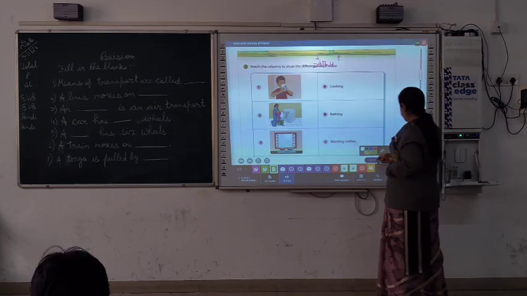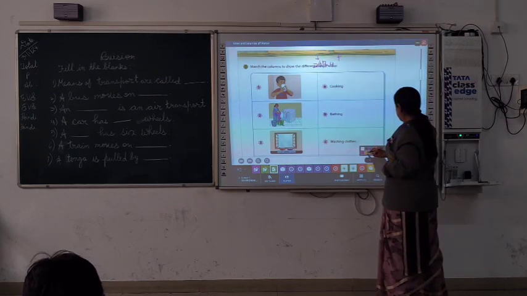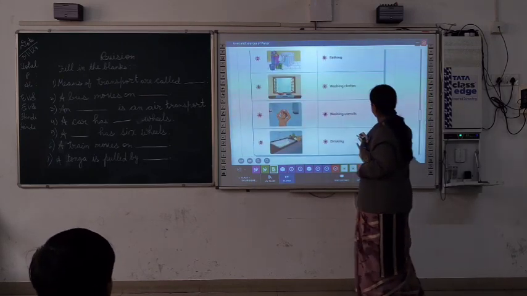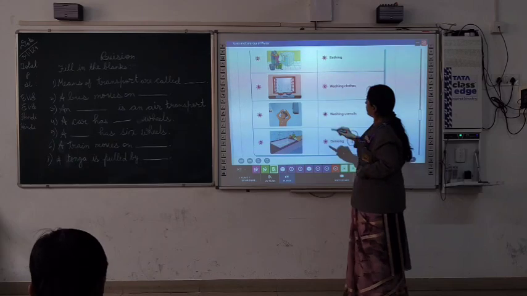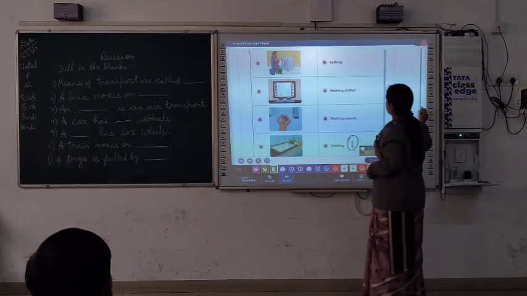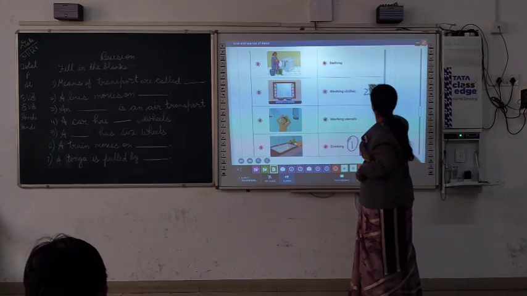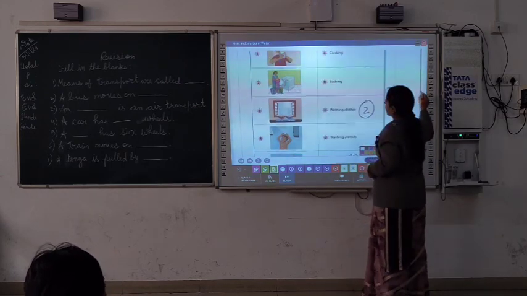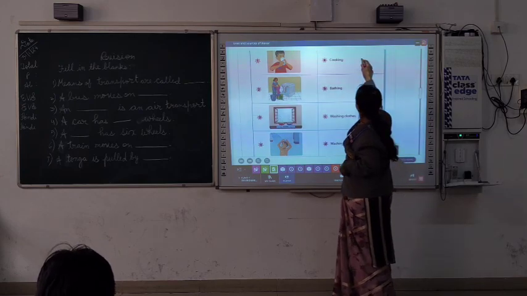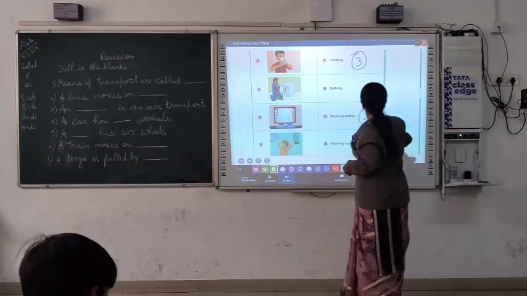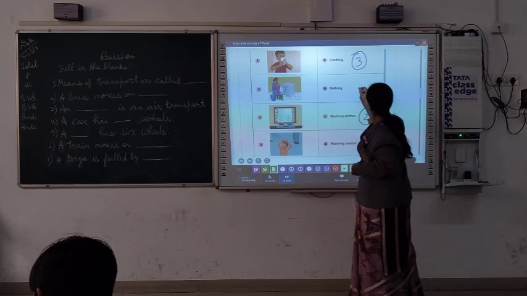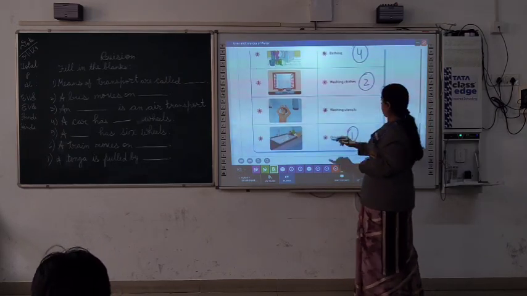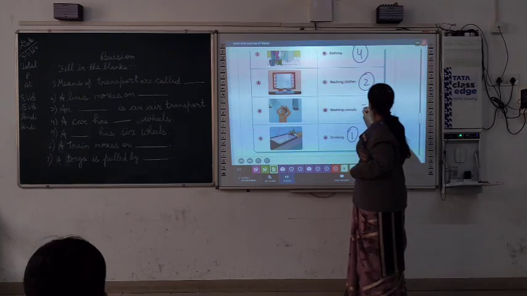Then the second activity, washing clothes. The third activity is cooking. It will be the third one. Then the fourth one is bathing. And the last one is washing utensils.